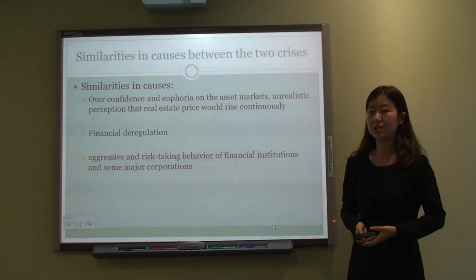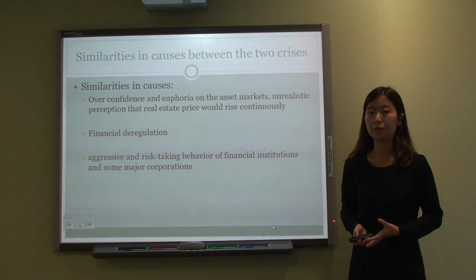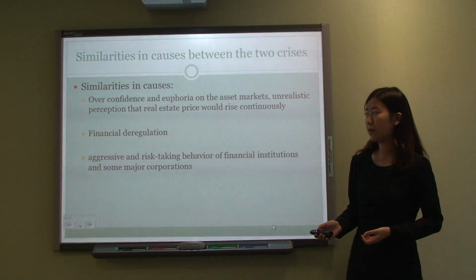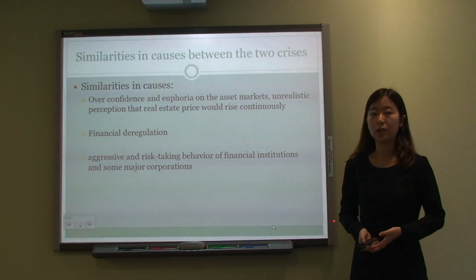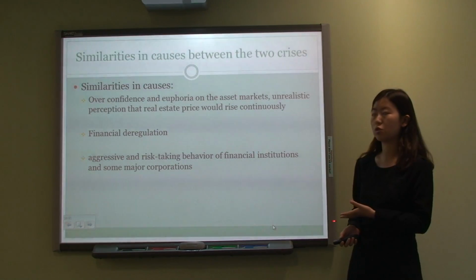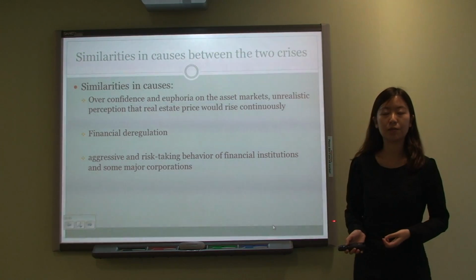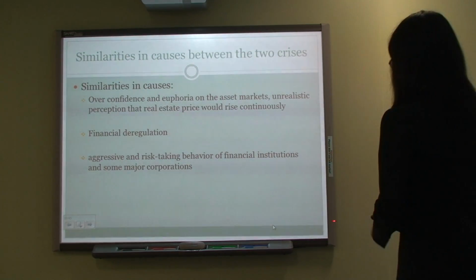People held the unrealistic perception that real estate prices would increase continuously forever. And financial deregulation and the aggressive and risk-taking behaviors of the financial institutions were also a common reason for the two crises. And now I'll hand over to Shelly to talk about the consequences of the Japan bubble.